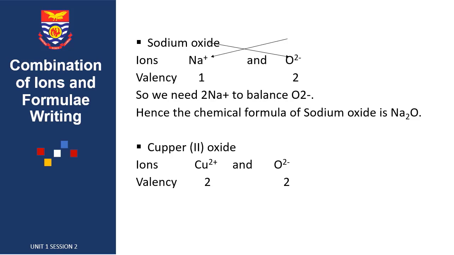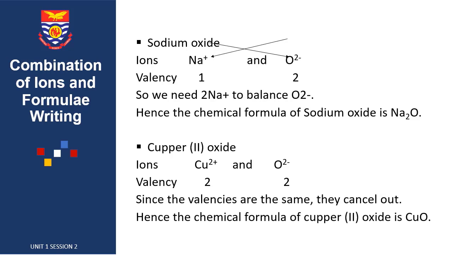Good. So what are the valencies? The valencies are 2, 2. Interestingly, there are equal numbers of negative and positive. We have positive 2, we have negative 2. So these ones can just cancel out for us to get our neutral compound. And so our compound is going to be CuO.